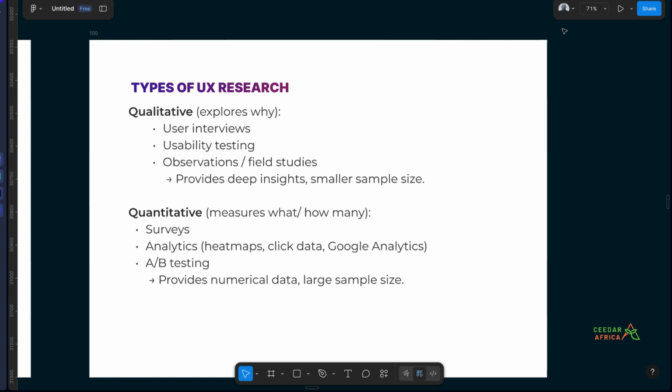Just like I said, all of these categories of research that fall under this quantitative method provide numeric data and large sample size. So basically, these are just forms of UX research. It's important that we study even outside this course so that we get more information. But this is just at a beginner's level, and I don't want to bore us with a lot of other information.